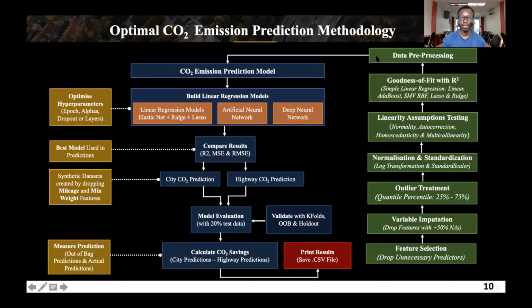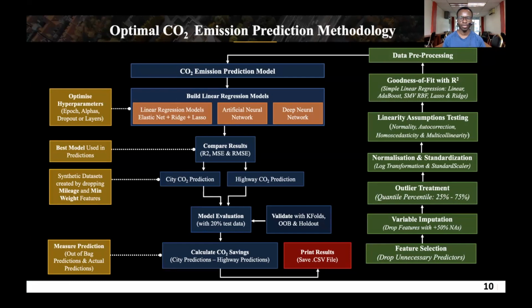So now we look at the final modeling. Okay, first part that was done was, of course, data pre-processing, which looked at feature selection, as I earlier alluded to, deleted or dropped unnecessary predictors. Variable imputation was done through mean imputation because most of the data found here were numeric.